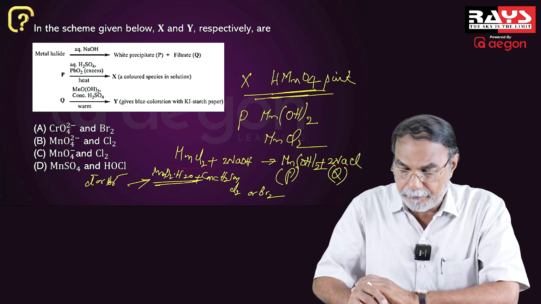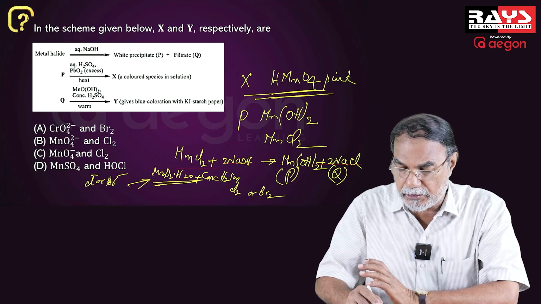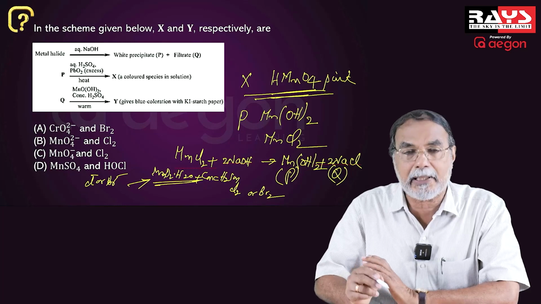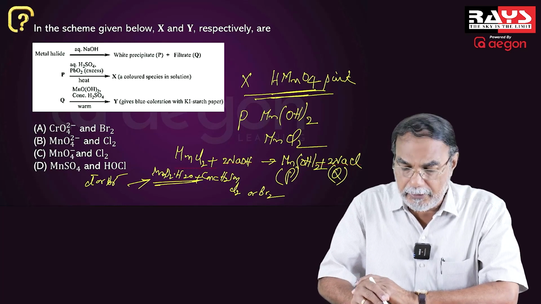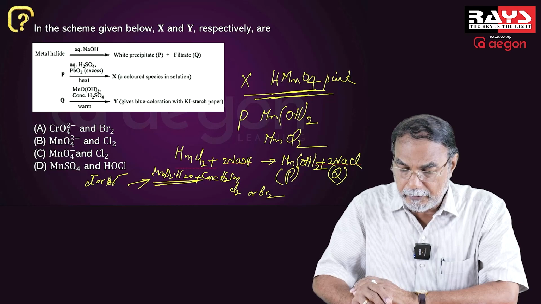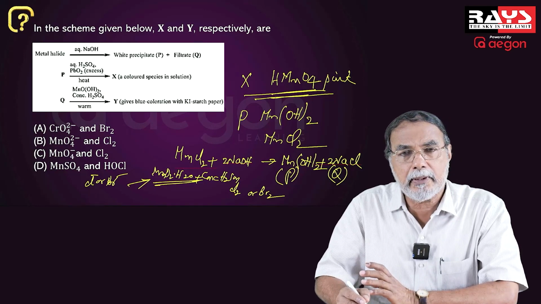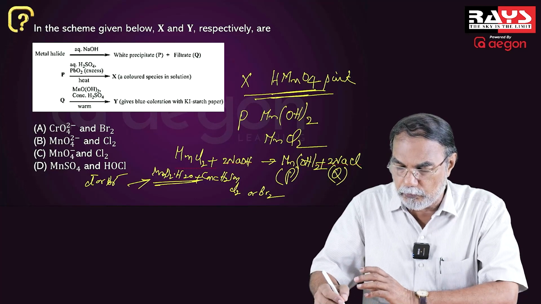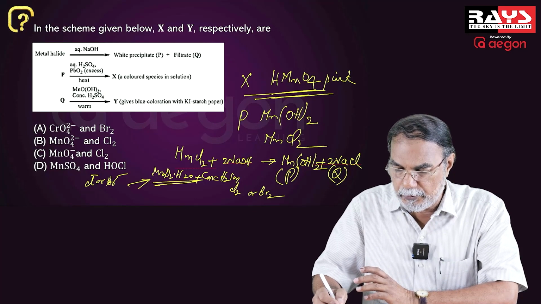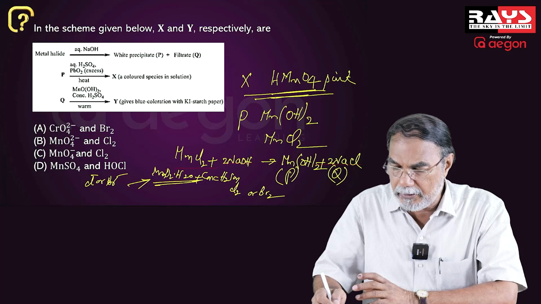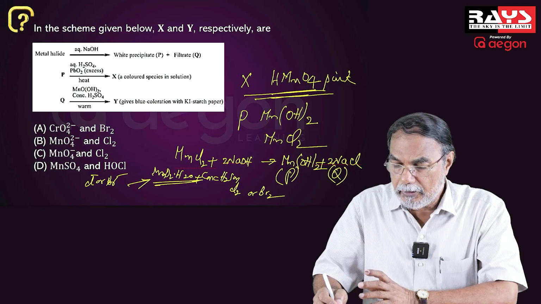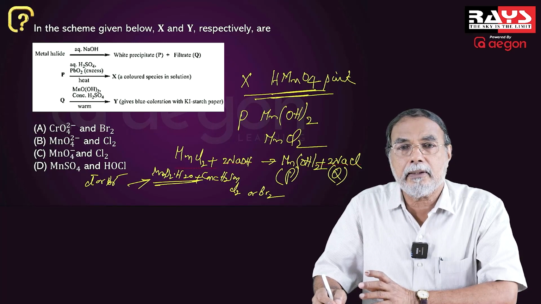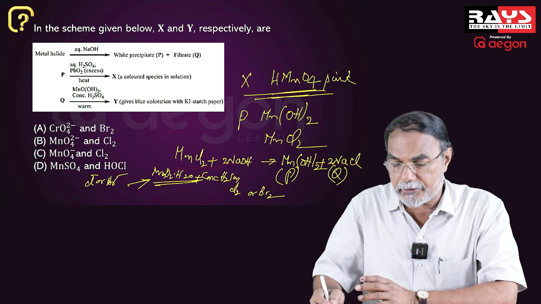The chloride on reaction with sulfuric acid gives HCl, which is oxidized by manganese dioxide forming chlorine. If it is bromide, hydrogen bromide is formed, which is oxidized by manganese dioxide to bromine. So the product Y is chlorine or bromine, and this chlorine or bromine gives a blue coloration with potassium iodide starch.